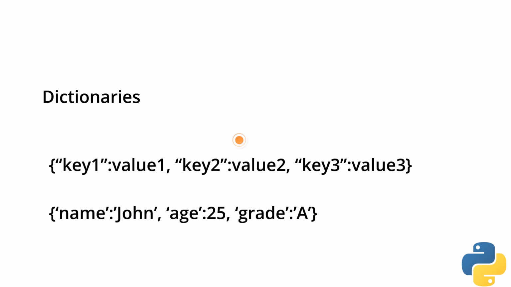So an example is name: John, age: 25, grade: A. So the data type still follows, and most of the time the keys are always of string data type. For example, if you look at this, the name, which is the key here, is of string data type. Also age is of string data type and grade is of string data type.